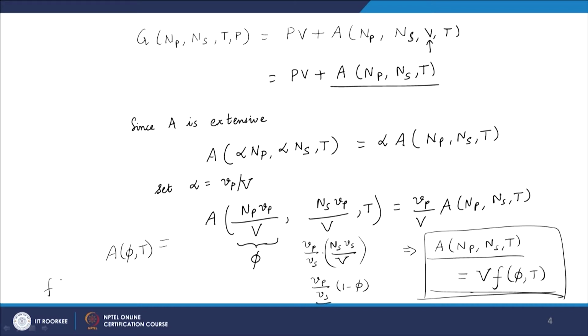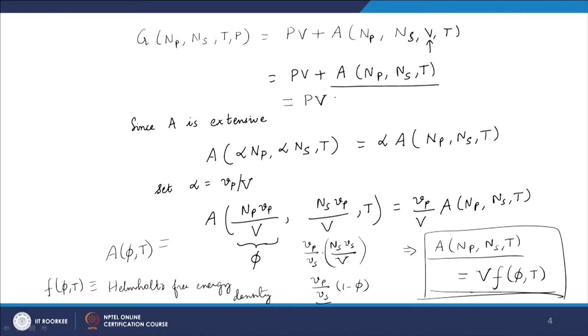So, F of phi, T we will refer to as the Helmholtz free energy density. That simply means that if I multiply it by volume, I will get the Helmholtz free energy.